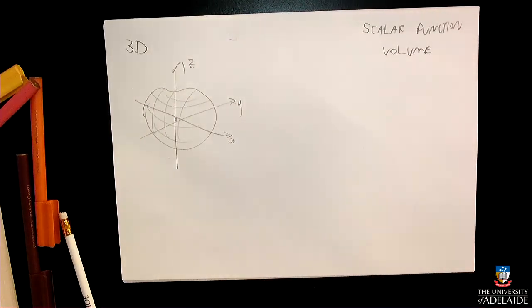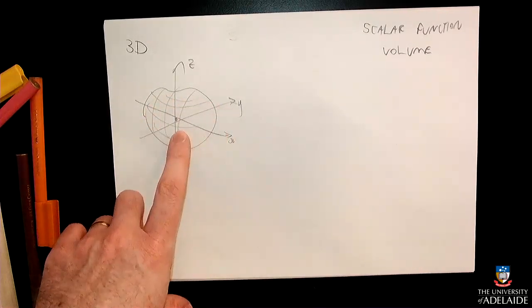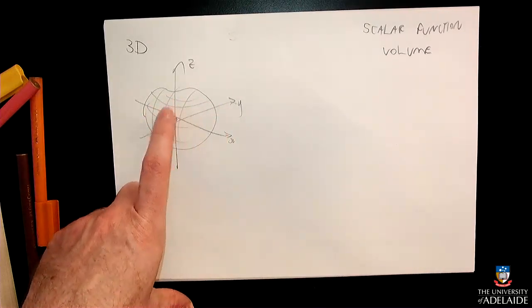So it's very, very similar to doing areas in 2D, volumes in 3D. I need a way of describing where I am inside this surface, inside this volume.